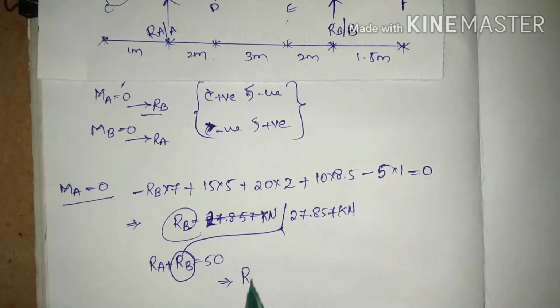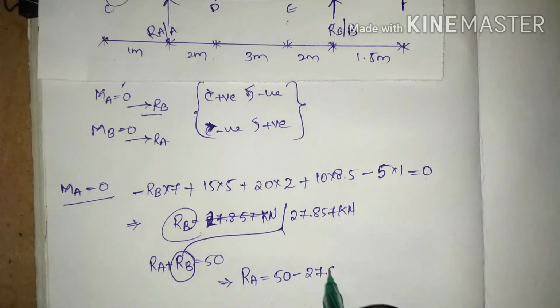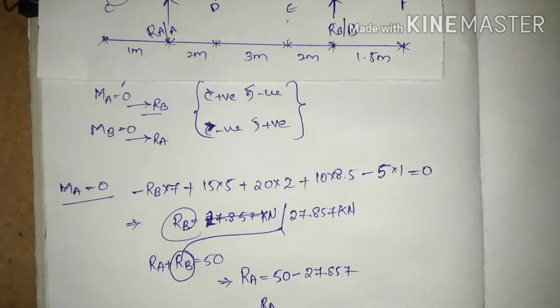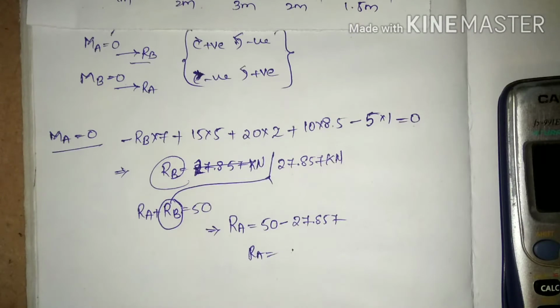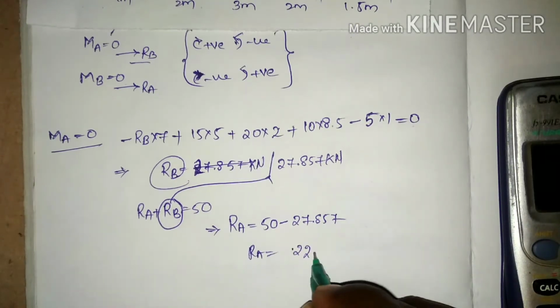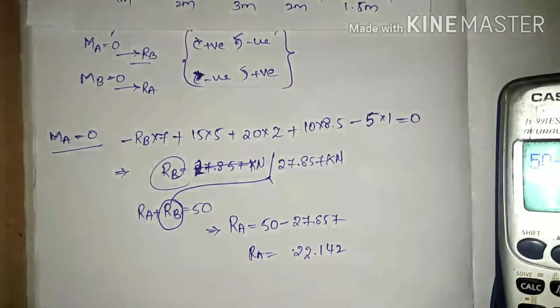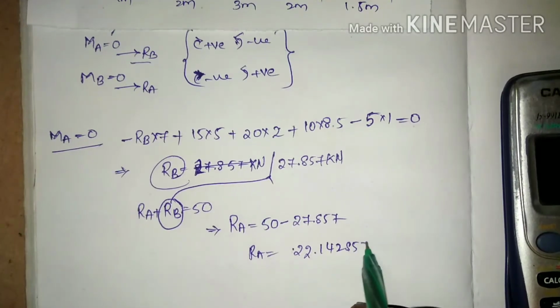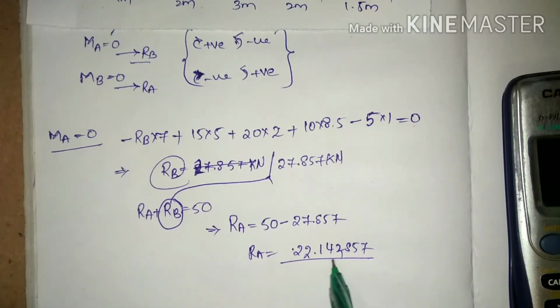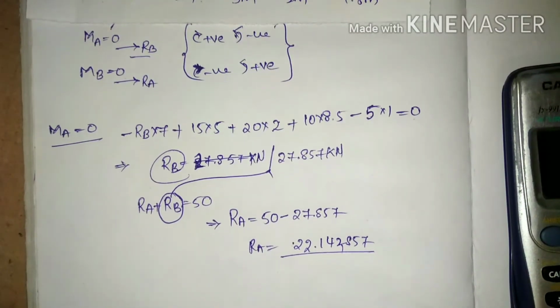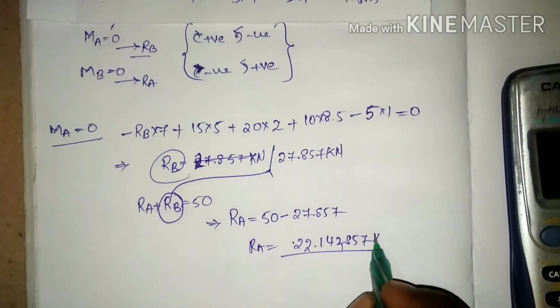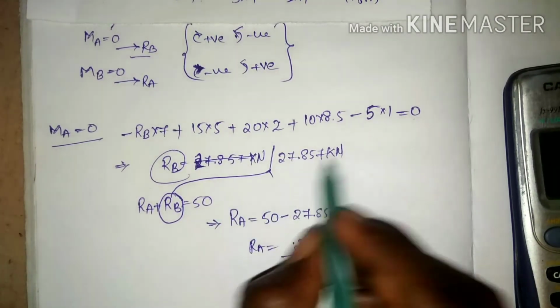Then RA is equal to 50 minus 27.857, so RA is equal to 22.142857. Just remember, take only 3 digits after the decimal point as you wish. This is in kilonewtons and this is in kilonewtons.